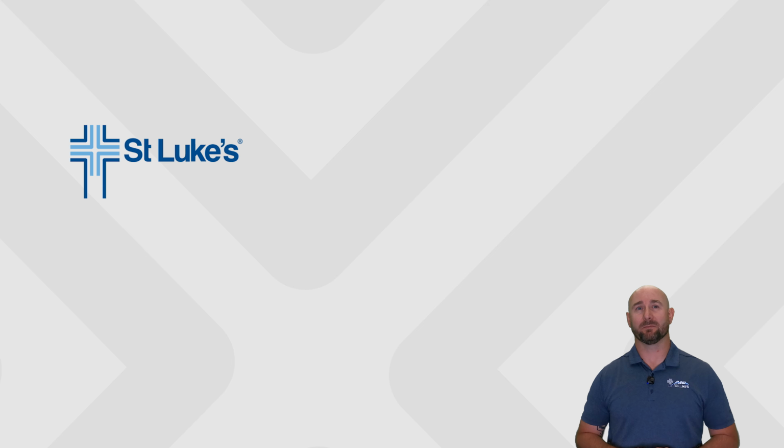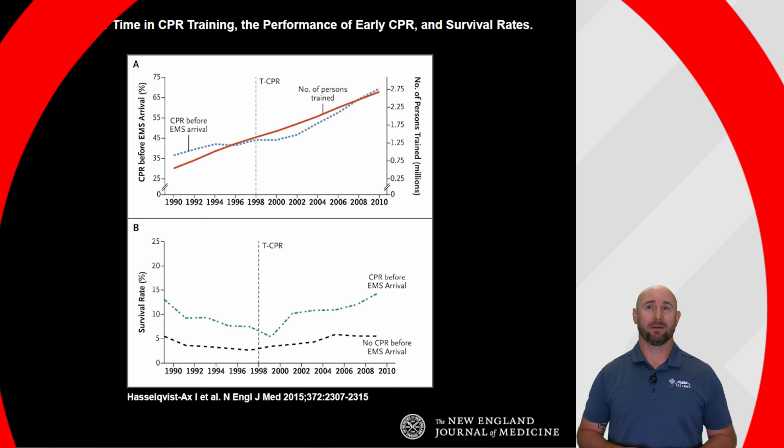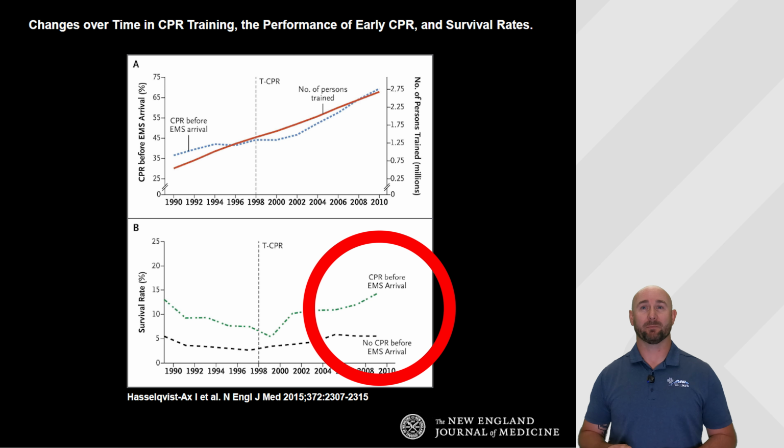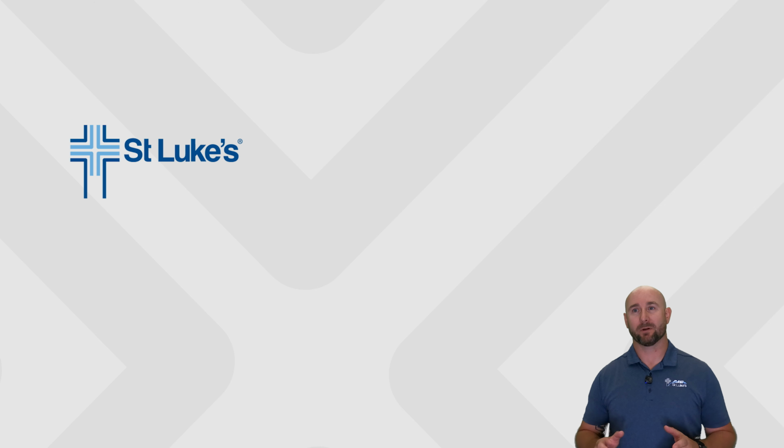International data supports the importance of early intervention. A Swedish study analyzing over 30,000 out-of-hospital arrest cases found that patients who received CPR before EMS arrival had more than double the 30-day survival rate compared to those who didn't. So what's the takeaway? Early recognition, rapid response, and bystander CPR are critical. Now, while we've made progress, there's still a long way to go in improving outcomes for cardiac arrest patients.